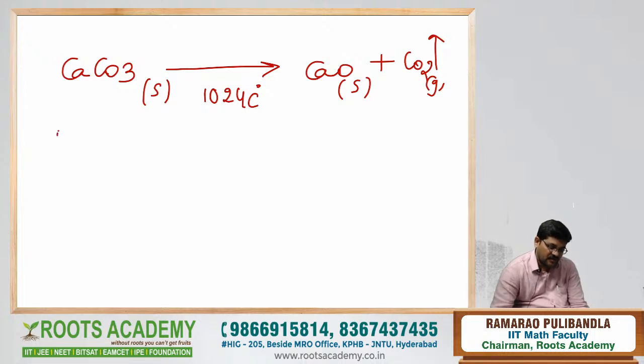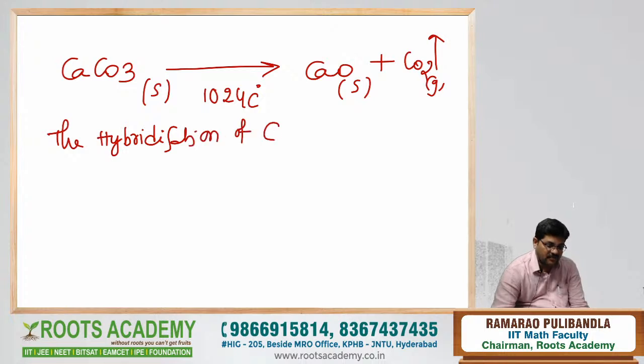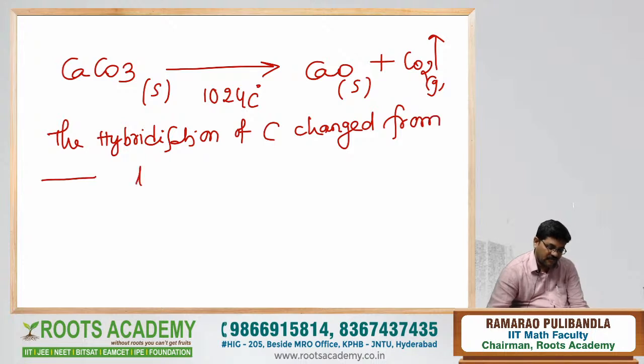See the question given. The hybridization of carbon is one of the beautiful questions given in the mains paper four years back. The hybridization of the carbon changed from dash to dash. The first option is sp2 to sp.